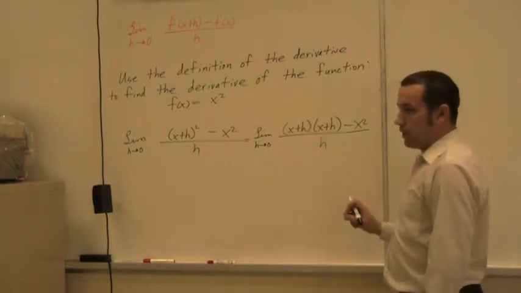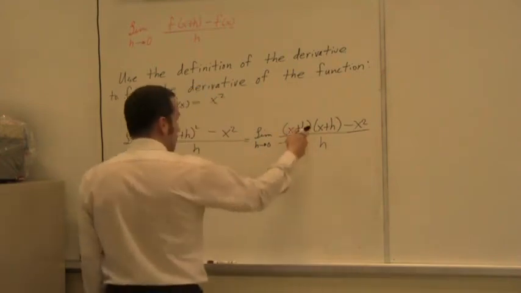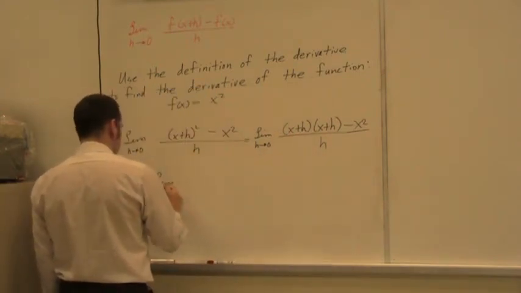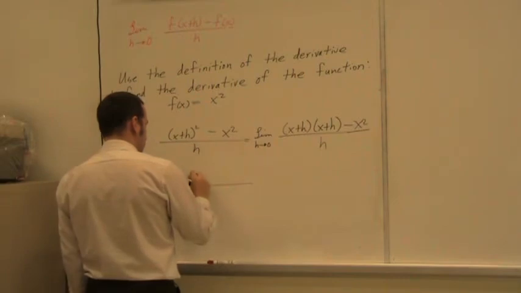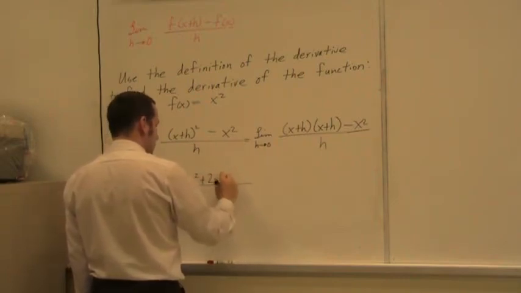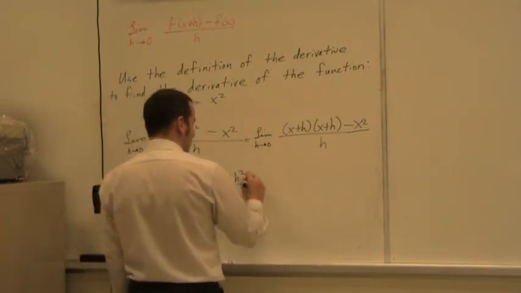So now you're going to multiply that out. I'm assuming that everybody at this point can do that type of multiplication, and I end up with the limit as h goes towards 0 of x squared plus 2xh plus h squared minus x squared, all divided by h.